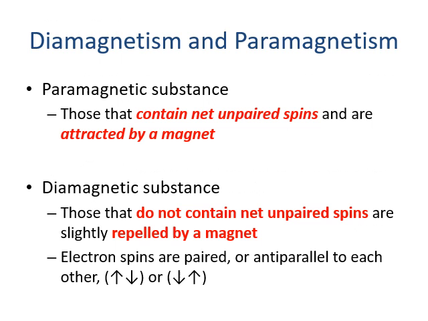Then same thing. What is diamagnetic and also paramagnetic? Paramagnetic means that it has unpaired spins and they are attracted by the magnet, so single. Diamagnetic means that it does not have any unpaired spin, but they are paired, anti-parallel to each other, like this or like this.